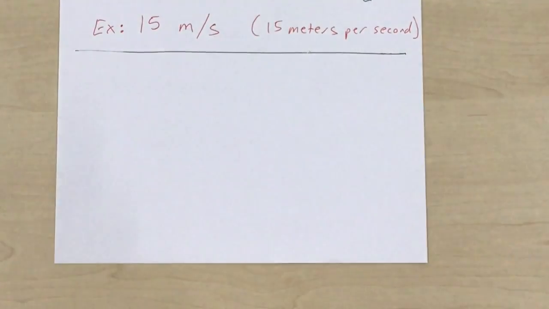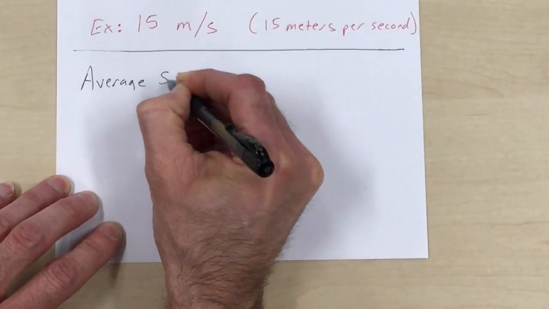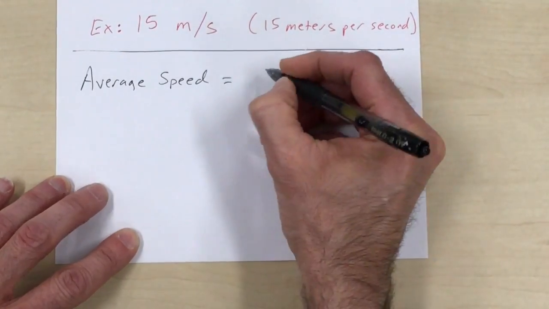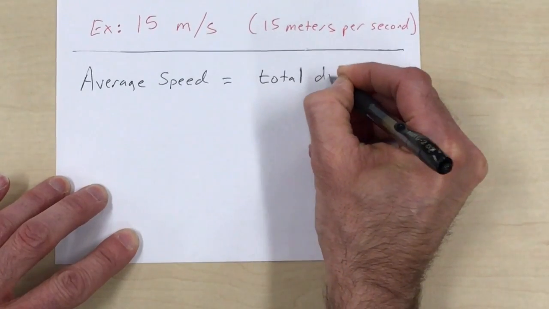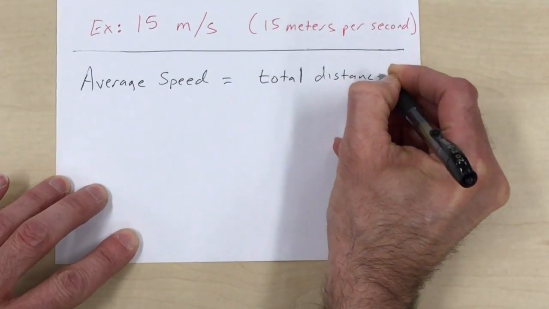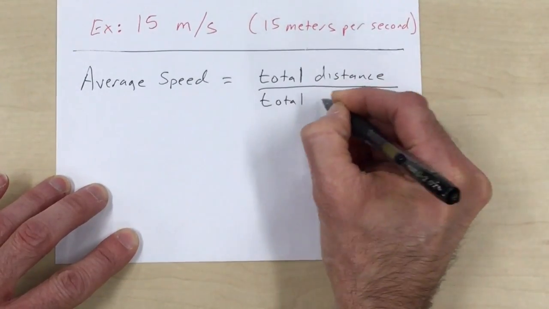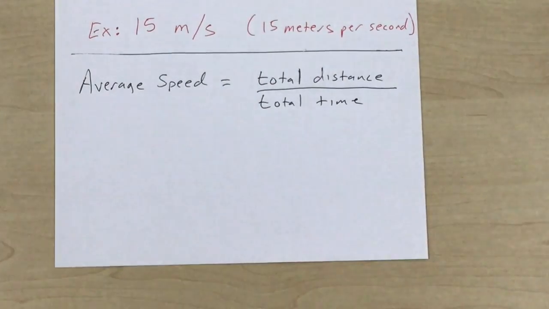And so for average speed, the average speed equals the total distance divided by the total time. And then here is an example.